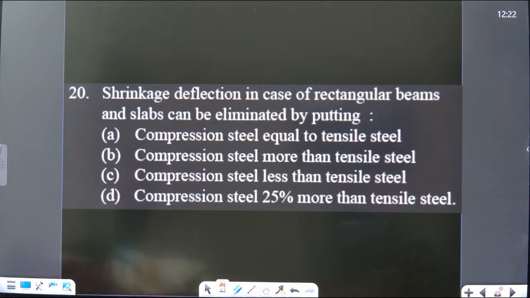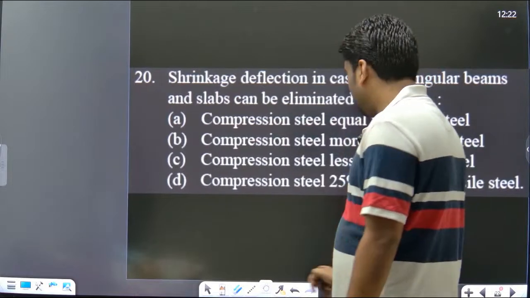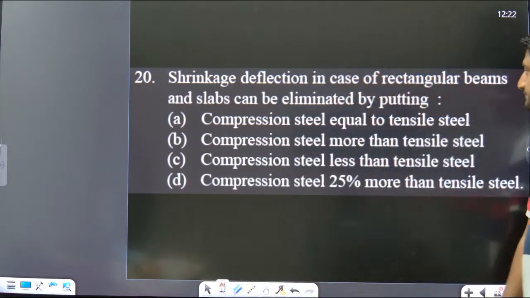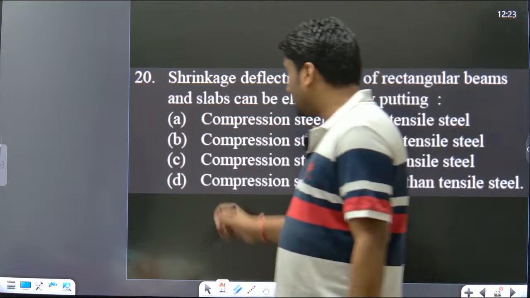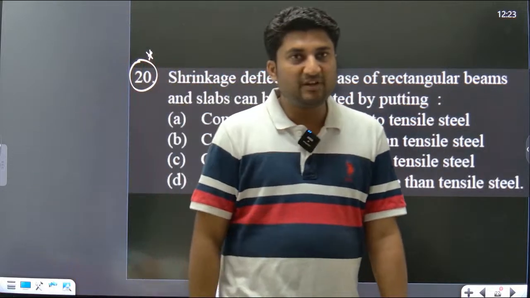Moving ahead. Answer this question. Shrinkage deflection in case of rectangular beam and slab can be eliminated by putting... This is also a good question. Please put a star mark on this.